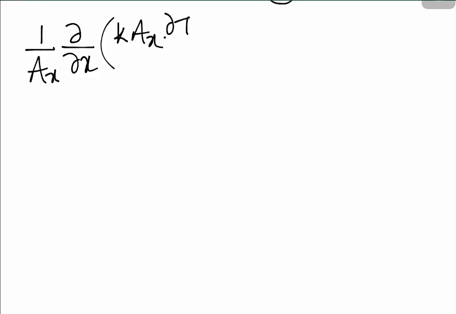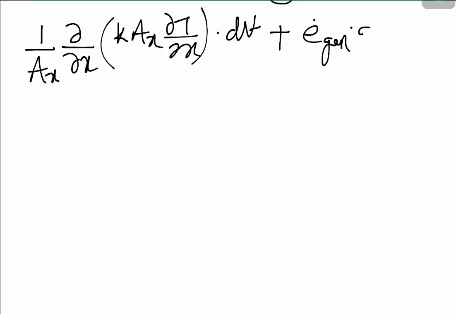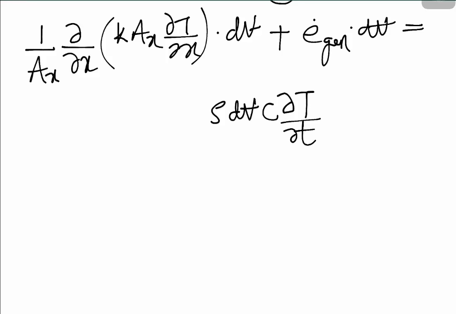Our equation will become 1 upon Ax dou by dou x of K Ax dou T by dou x into dV plus E dot generation into dV equal to, I have assumed rho and C as constants, rho dV C into dou T by dou t.